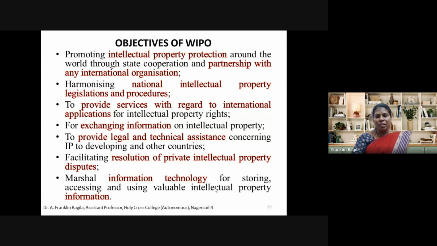It provides legal and technical assistance concerning intellectual property to developing and other countries. It also facilitates the resolution of private intellectual property disputes. If some disputes arise, WIPO will help to resolve them. And it also marshals information technology by storing and accessing information, and using valuable intellectual property information.